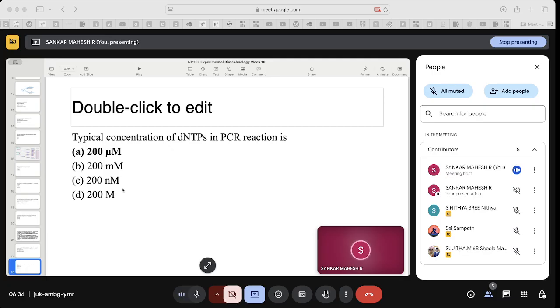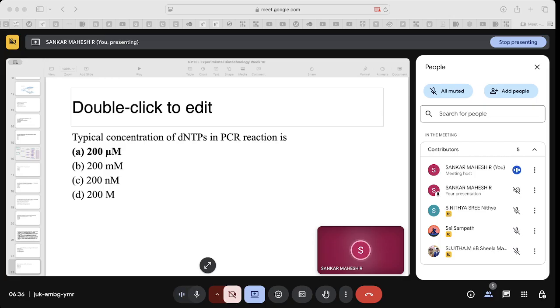A quick addition to this. Okay, when I say 200 micromolar of dNTPs, what do I mean? Does anyone want to try answering that? How much of each nucleotide is present when I said 200 micromolar dNTPs? So I'll repeat myself.